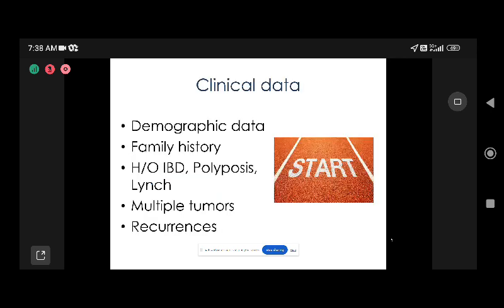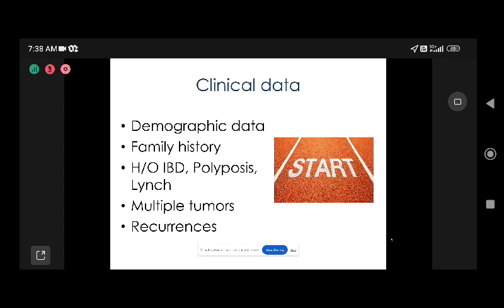Again, before we actually start the evaluation, it's absolutely essential that we are provided the clinical data. Many times, the specimens that we get from outside have only the specimen name written on the requisition form without any information. Sometimes even the age is not provided. That is largely unacceptable, because we need to integrate the clinical information.